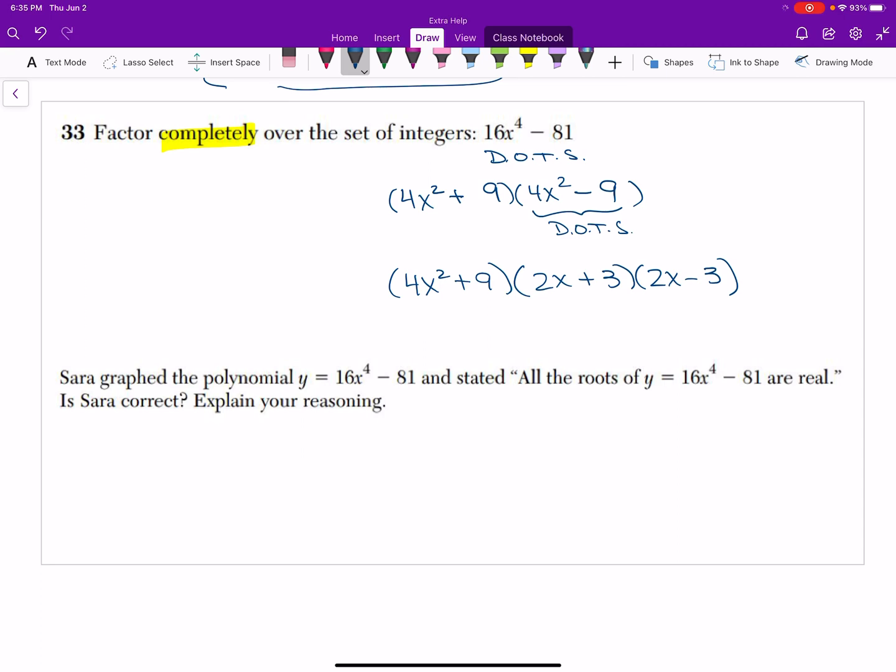One way is to use your calculator and look at the graph the same way Sarah did. In order to do that, you do have to know how many roots there are supposed to be. So this is y equals 16x to the fourth minus 81, degree 4, which means there should be 4 roots.